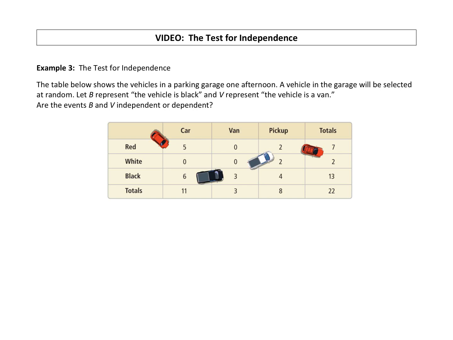So let's put a little star, test for independence. Basically, we're testing to see if events are independent. So if events A and B are independent, here's our little rule.